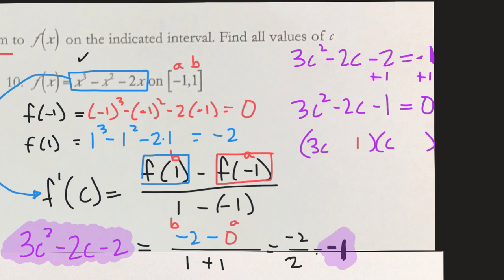So this needs to be a +1 here and a -1 there, so that when I FOIL, 3c times -1 is -3, plus 1, -3 plus 1 is -2. Okay. So when I solve both of these, I get -1/3 and I get +1.